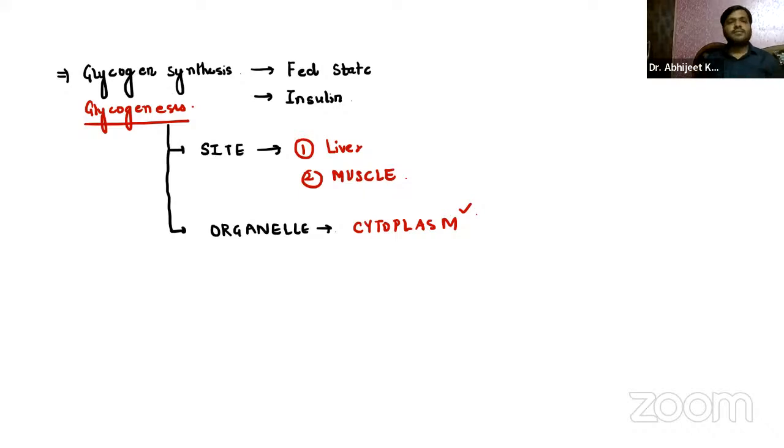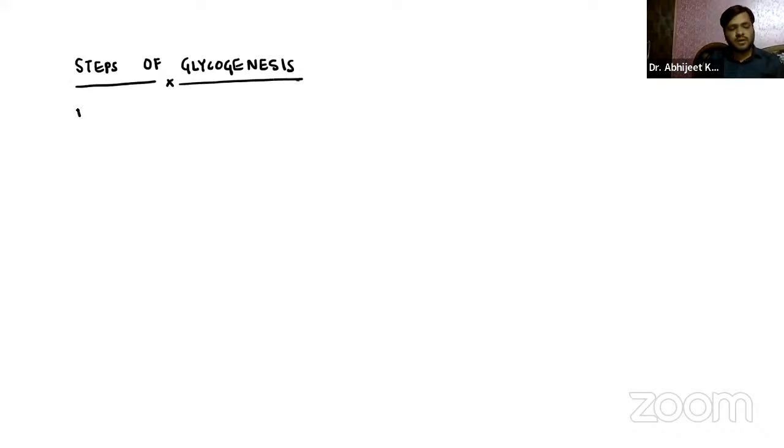Now, let us talk about the steps of glycogenesis. We have three steps. The very first step is the synthesis of UDP glucose. I will be teaching each step in detail, so no need to worry.